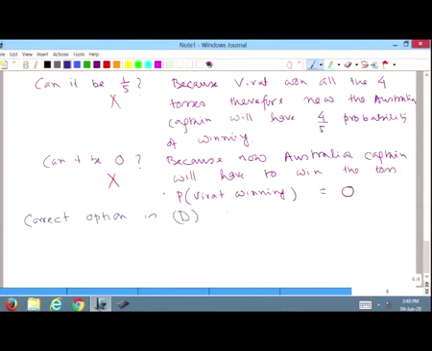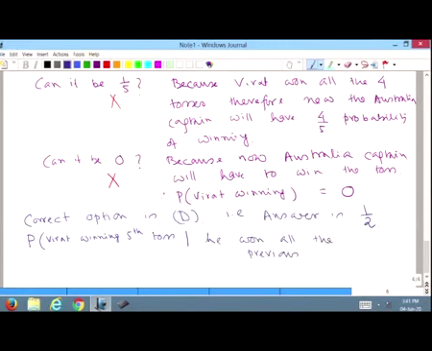Therefore, the correct option is D, that is, the answer is half, because the probability of Virat winning the fifth toss given he won all the previous tosses is the same as the probability of Virat winning the toss, as these are independent events.